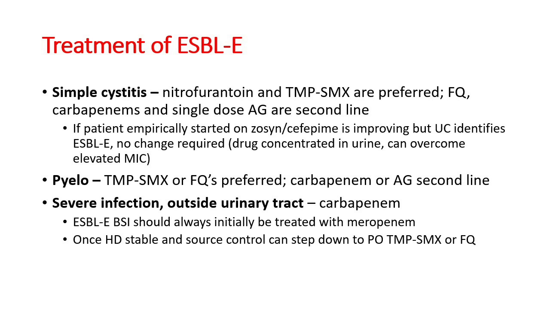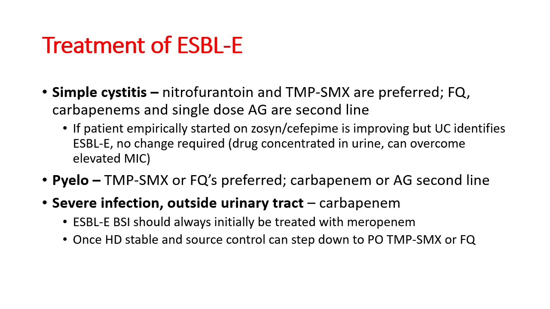So sometimes you'll see they're just resistant to everything. And that's where a single dose of aminoglycoside can come in helpful. For pyelonephritis, again, Bactrim, fluoroquinolones, and if they're very ill and you're worried about bacteremia, carbapenems.